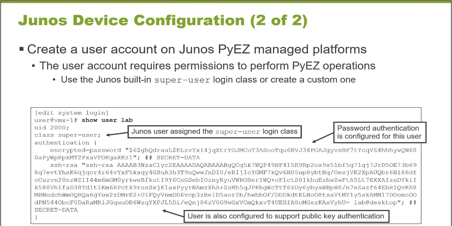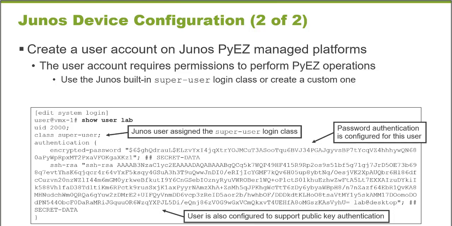When Junos PyEZ connects to a Junos device to perform operations, it must authenticate. And so each Junos device that is going to be managed using PyEZ needs an account that can be used to authenticate those Junos PyEZ, NETCONF over SSH, or Telnet connections.